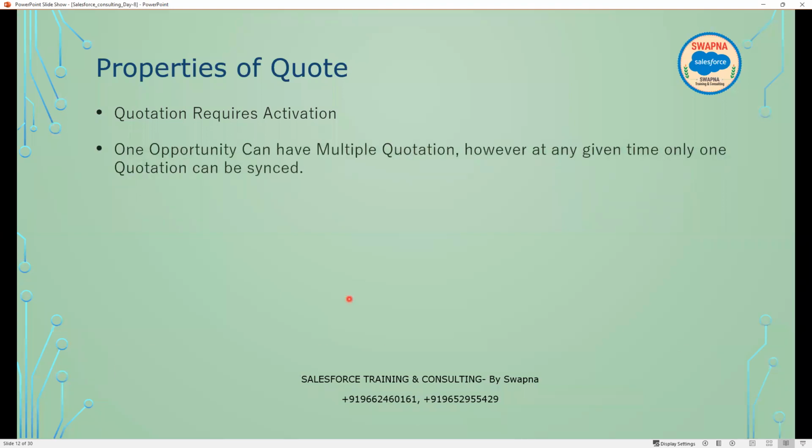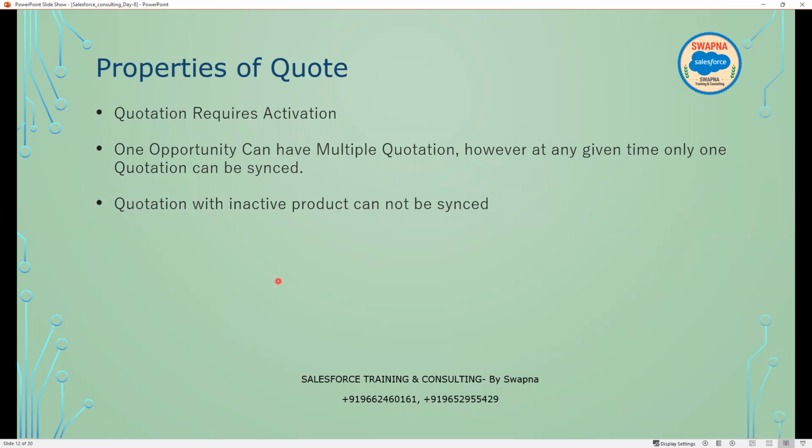The second one is that one opportunity can have multiple quotations. There is no restriction. However, at a given time, only one quotation can be synced. If you have 10, 20, or 30 quotations, out of that you can sync only one quotation. And a quotation with an inactive product cannot be synced.